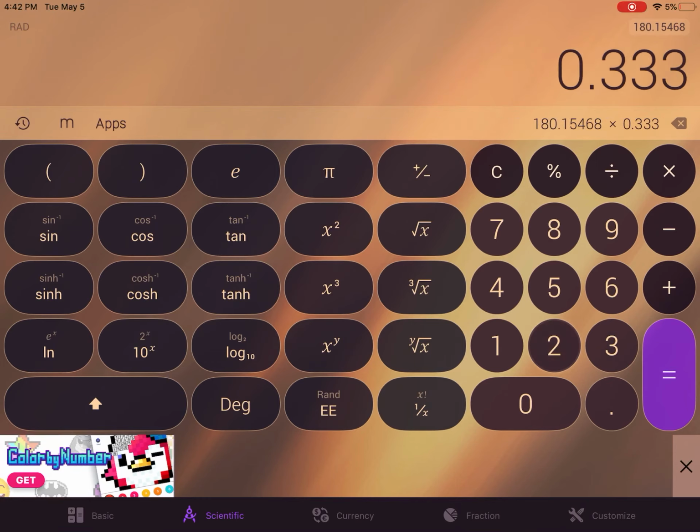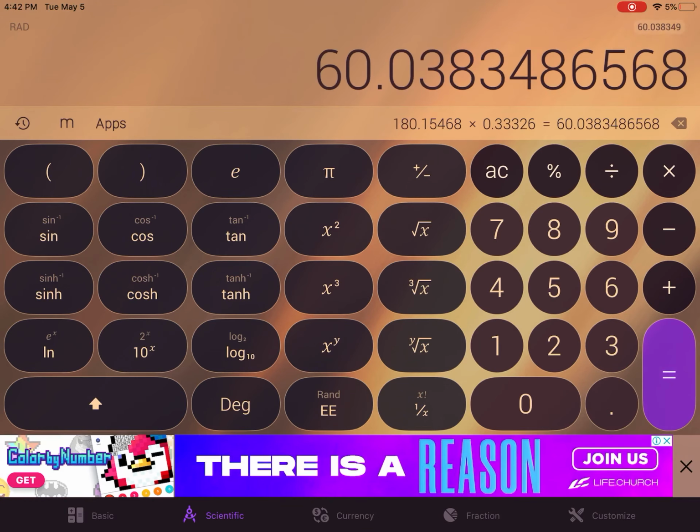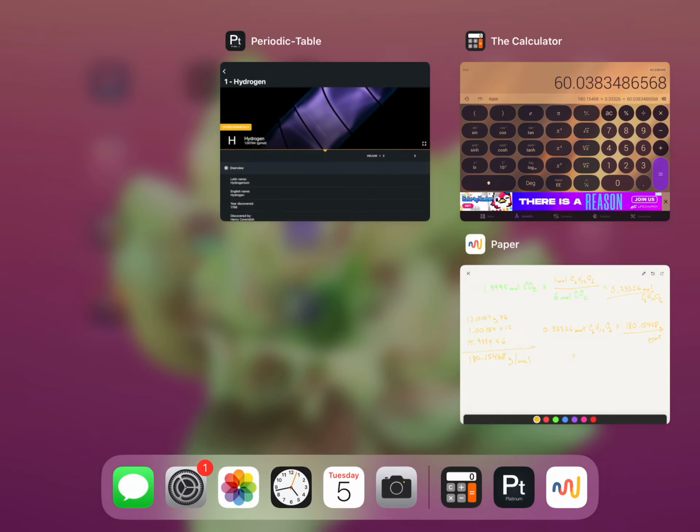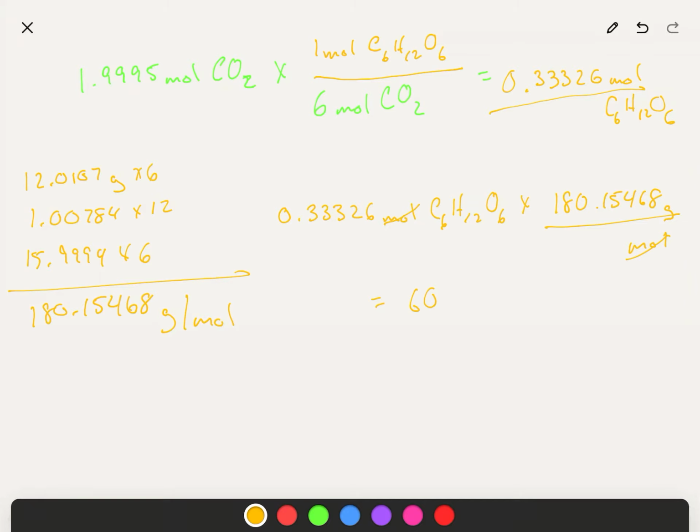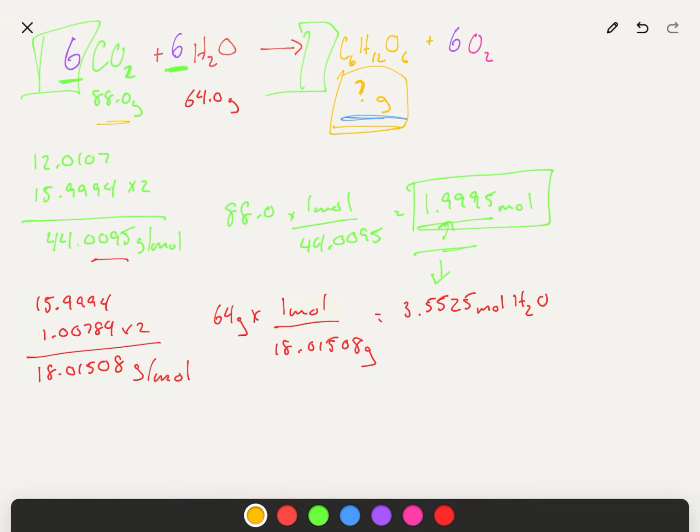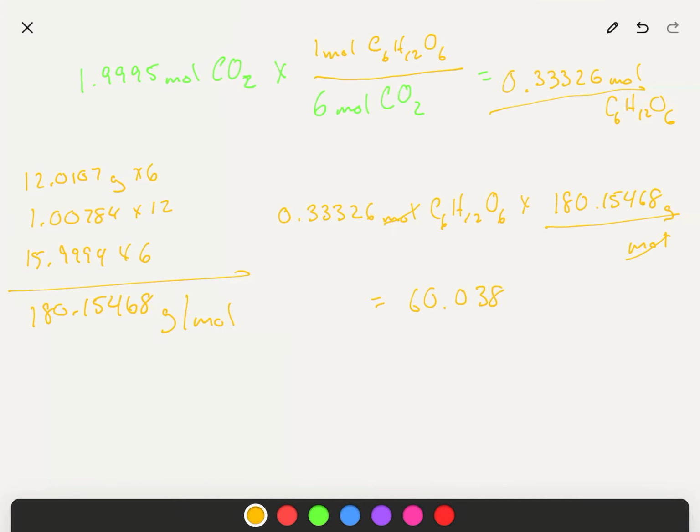Times 0.33326, 60.038 grams of glucose. If we go back to our problem, we were given 3 significant figures. So our final answer would be 60 grams of glucose.